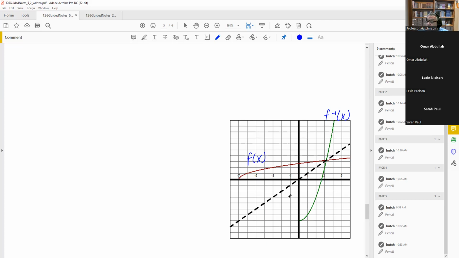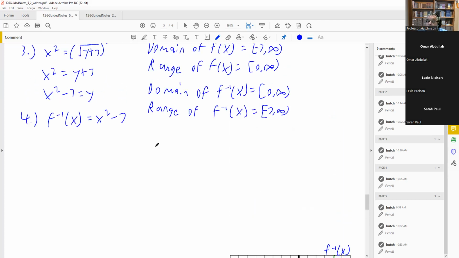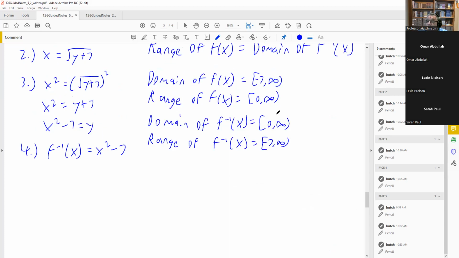If I have this full parabola here, all the way across, and it's a full U shape, that's not going to pass the horizontal line test, because if I draw a horizontal line across a parabola, I'll have two different x values for a single y value, and then it's not going to be one-to-one. So in fact, I have to have a restriction on my inverse. My inverse is only restricted from 0 to infinity.